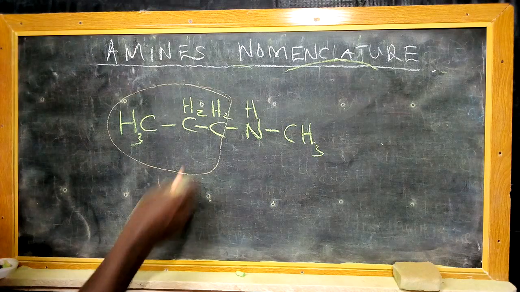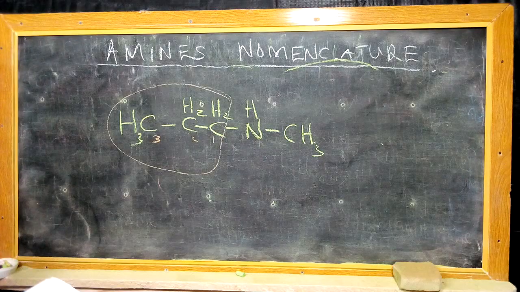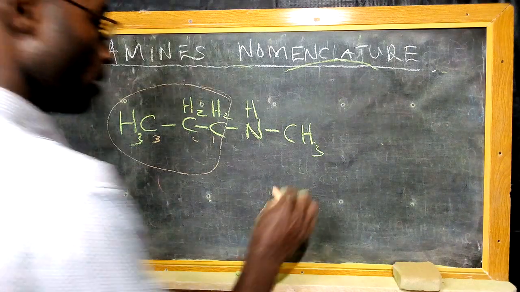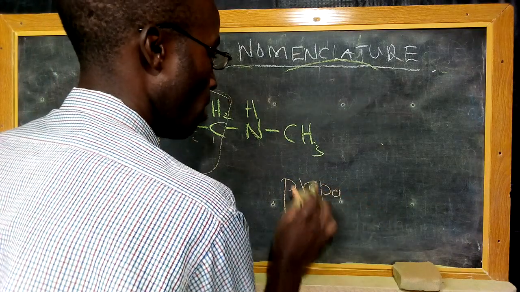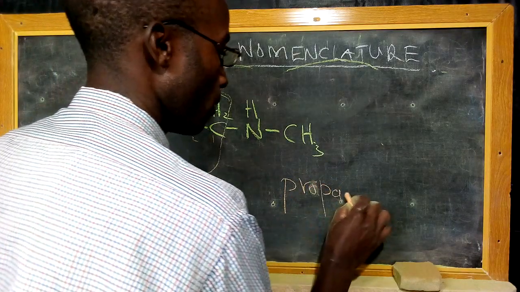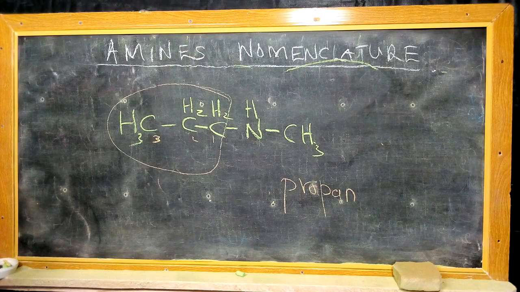In this case, this is a three-member chain, 1, 2, 3 from the alkane series, so the parent name will be propane.